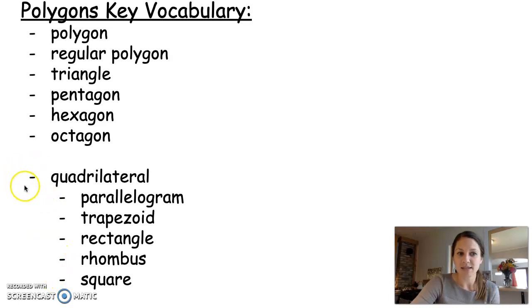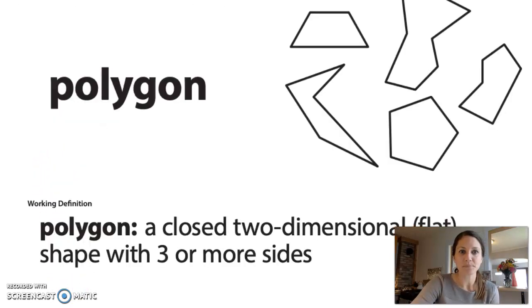And I have these a little separated because quadrilaterals are one type of polygon, and all of these are types of quadrilaterals. And we'll look at that a little bit more.